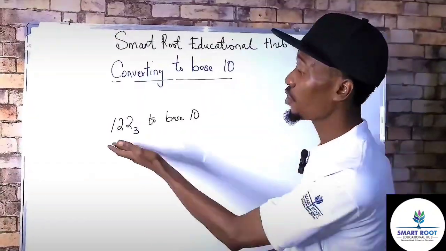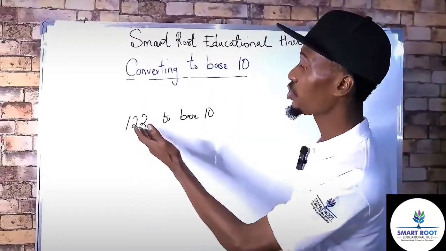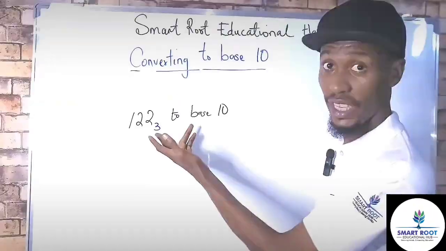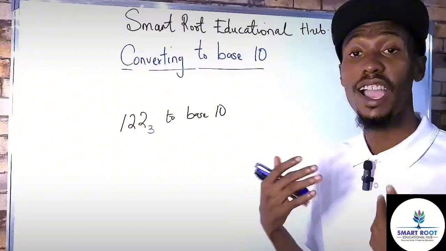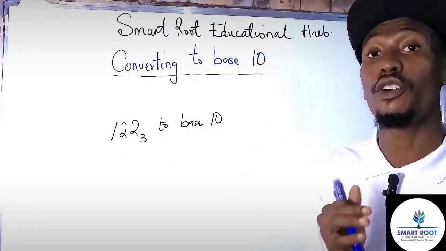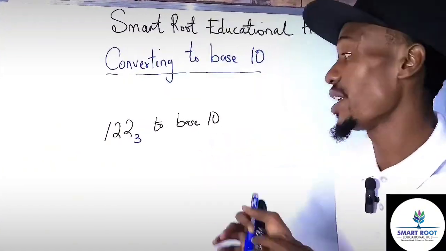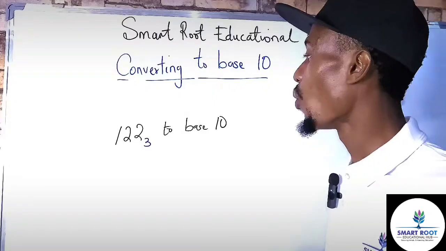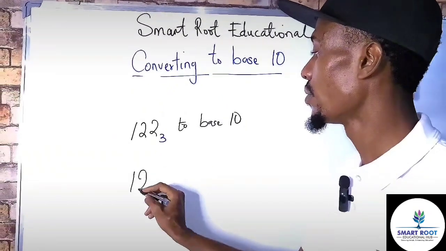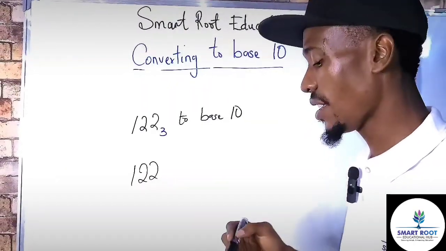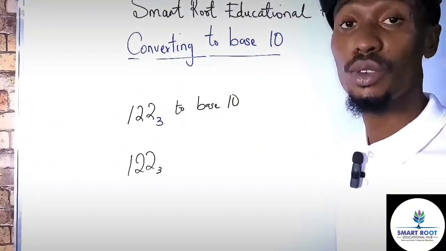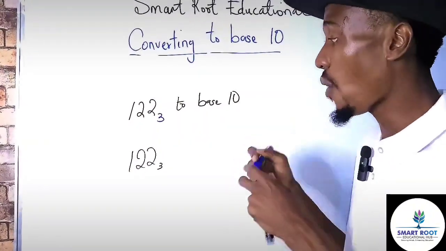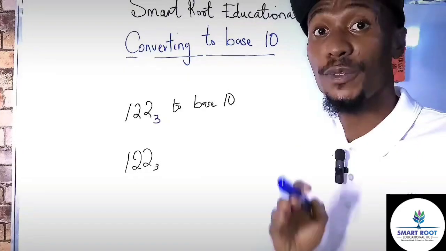So we have another question on the board, 122 in base 3, we want to convert to base 10. Now I told you the method is the same as far as you're converting from any base to base 10. So let's go, 122 in base 3 to base 10. The first thing we do is to give our numbers powers, and I told you the power must start with 0.